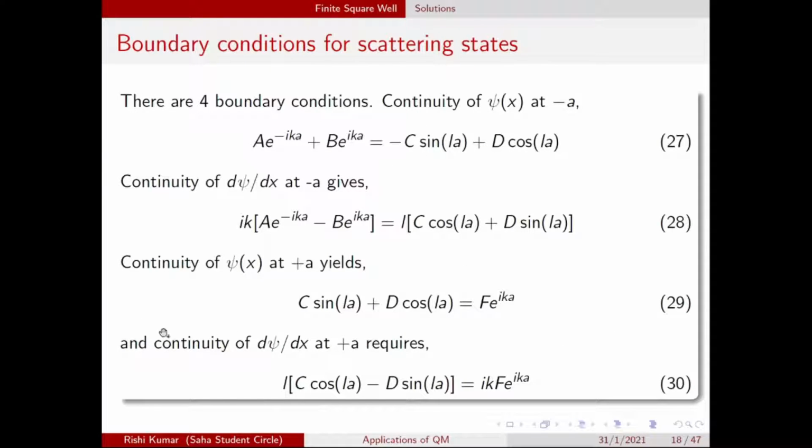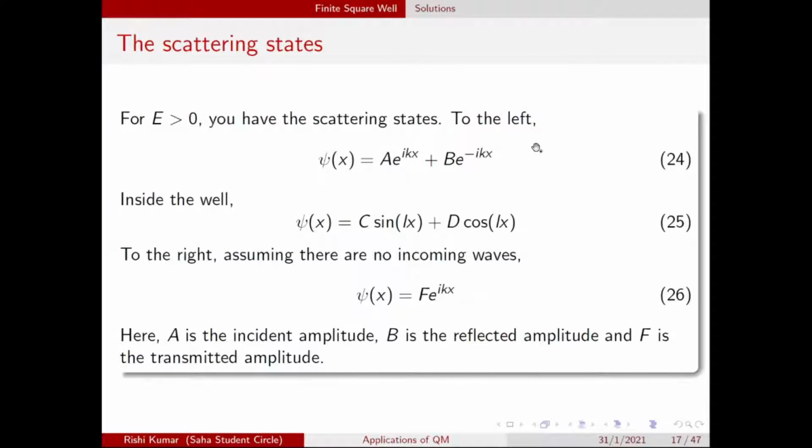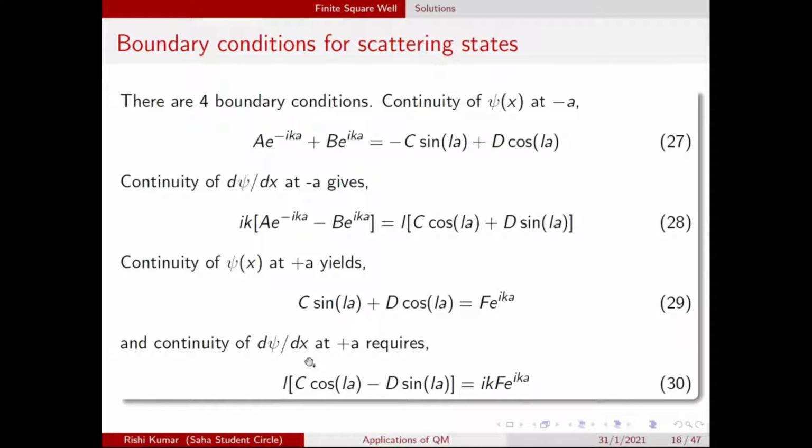Again, I'm not going to go too deep into this. It is simply the boundary conditions that we're using, with this set of equations. So just take a quick look at this. Equation 27 is for psi of x at negative a, and this is d psi/dx at negative a, and the same two procedures again at plus a, so we get these four equations.